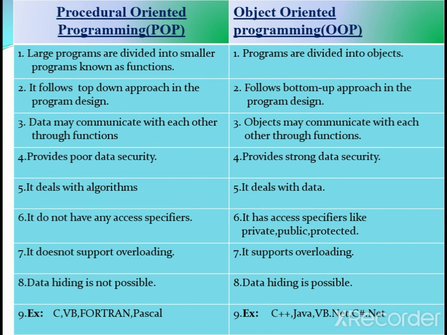In POP, functions; in OOP, objects. POP follows a top-down approach in the program design. OOP follows a bottom-up approach in the program design. Data may communicate with each other through functions in POP. In OOP, objects may communicate with each other through functions.